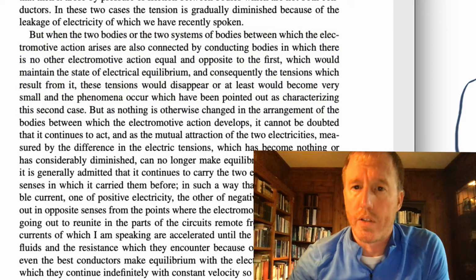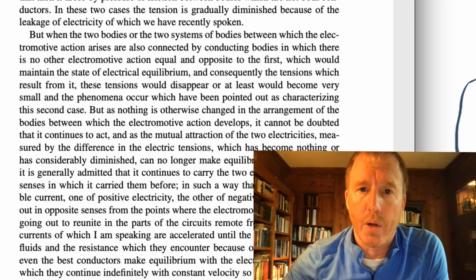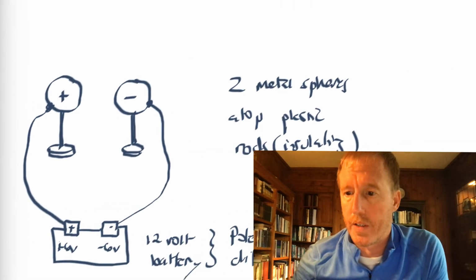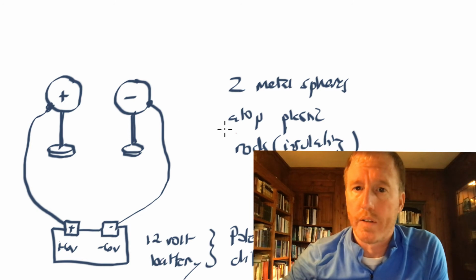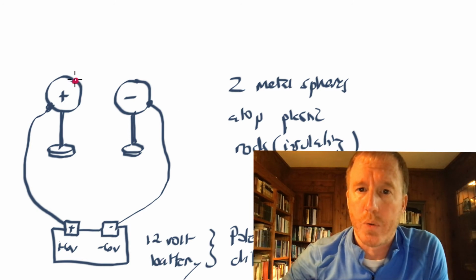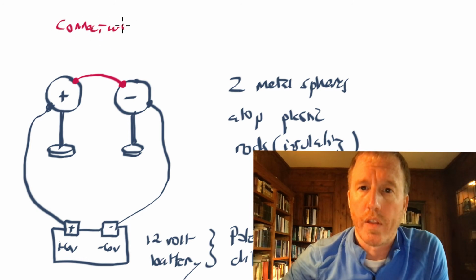Okay, so what he's saying here is, let's suppose you take a wire now. Imagine you take a copper wire and you connect it between these two spheres. So you connect them with a conducting wire like copper.